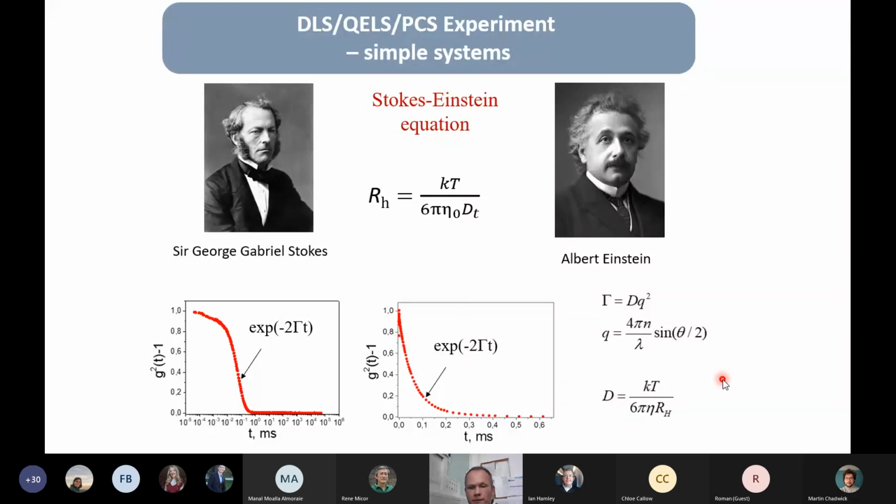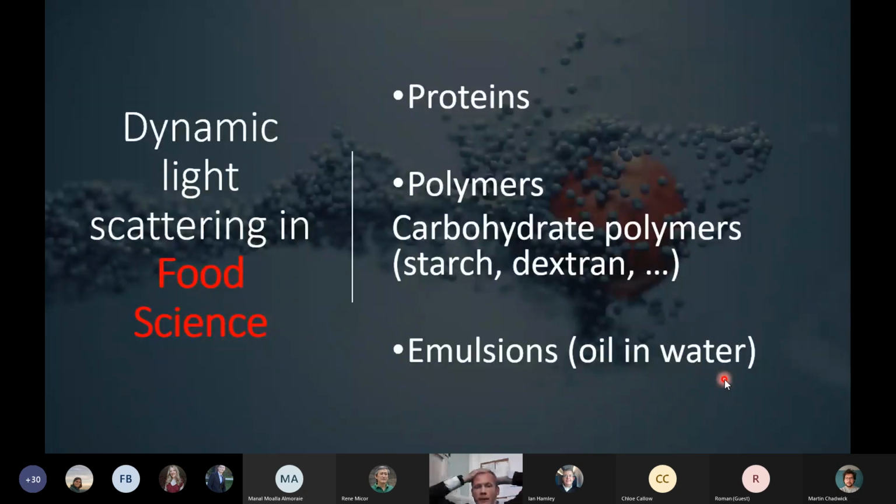Okay, now I will try to convince you that dynamic light scattering is very useful, especially for food science and nutrition science, because any nanoscale objects can be measured by dynamic light scattering. Any proteins in solution are a very convenient and interesting object for these experiments.